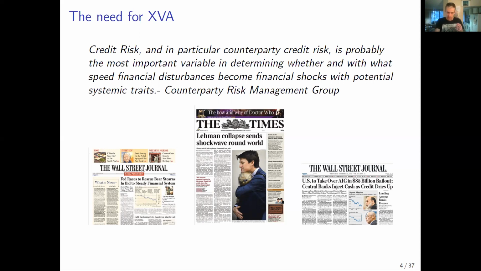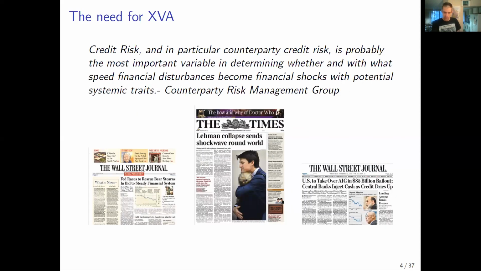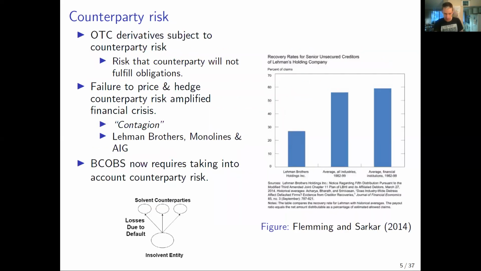Okay, so let's think a bit more about this quote, and let's pick apart what it's talking about. The quote is talking about counterparty credit risk in the OTC derivatives market. So first, let's talk about what OTC derivatives are. First of all, they're derivatives, which means that they're financial contracts whose value is derived from some underlying economic quantity.